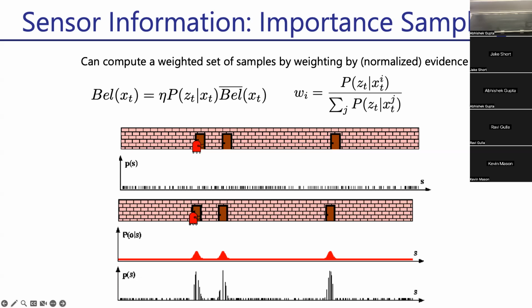So the dynamic step was take previous particles, stick them through this function, gives you new particles. The measurement step is take those new particles that you have, weight them by the measurement. So take the measurement likelihood, average them, and that gives you the new set of weights. Now you have a weighted set of particles. And to compute the average at any point, you just take the weighted sum with respect to each of those, like w_i times f of x_i.